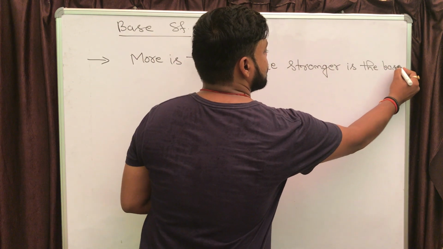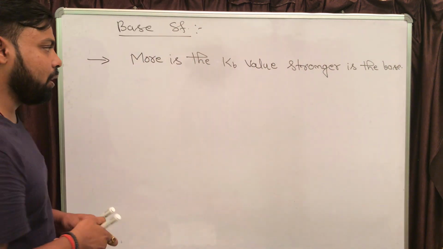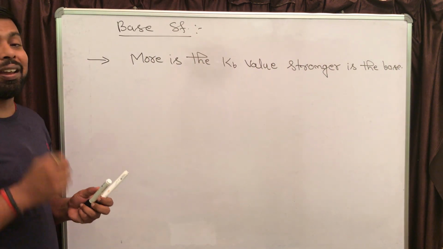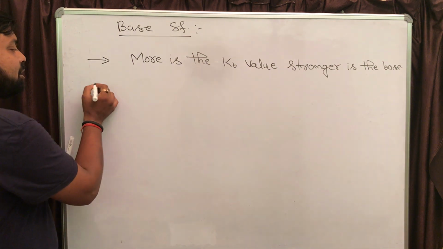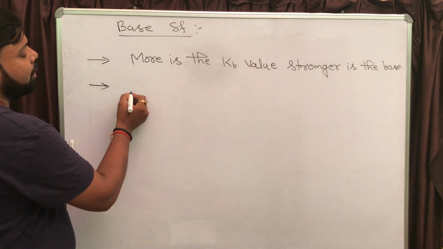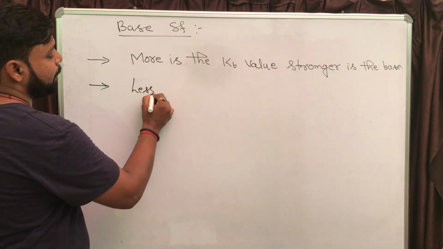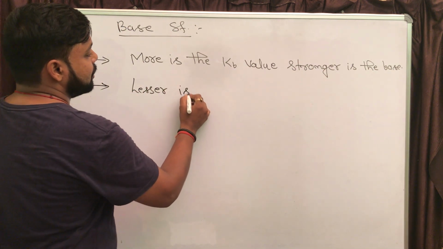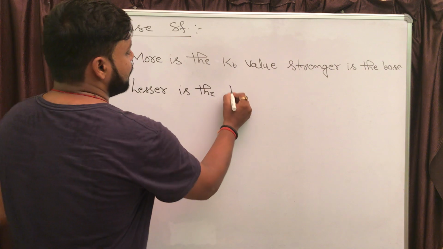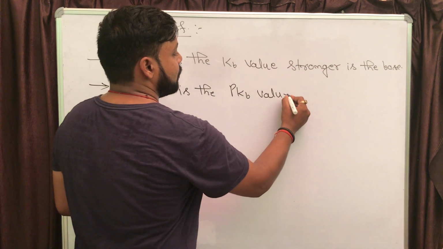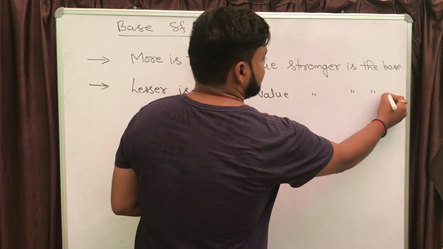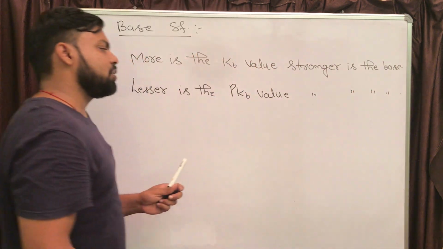And in terms of pKb value, we have also discussed pKa value in acidic strength, right? In similar way, we can write lesser is the pKb value, stronger is the base, right?